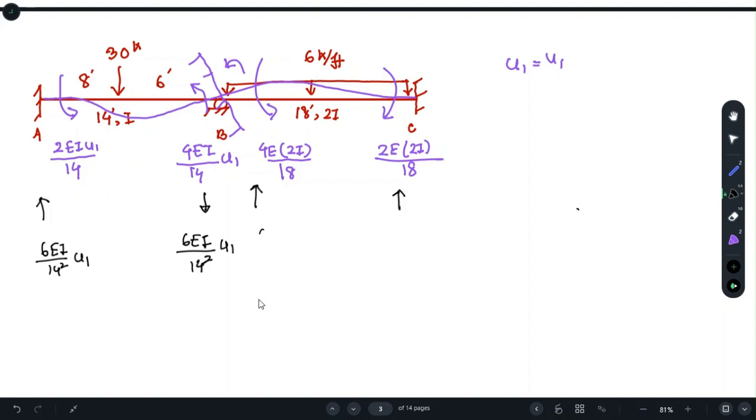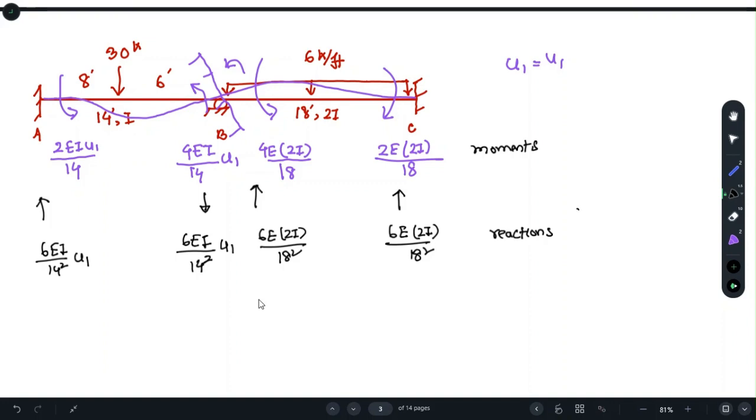Here it will be 6E times 2I over 18 squared. So these are the reactions and these are the moments. So we have got the reactions and moments both for fixed end moments and the application of the displacement.